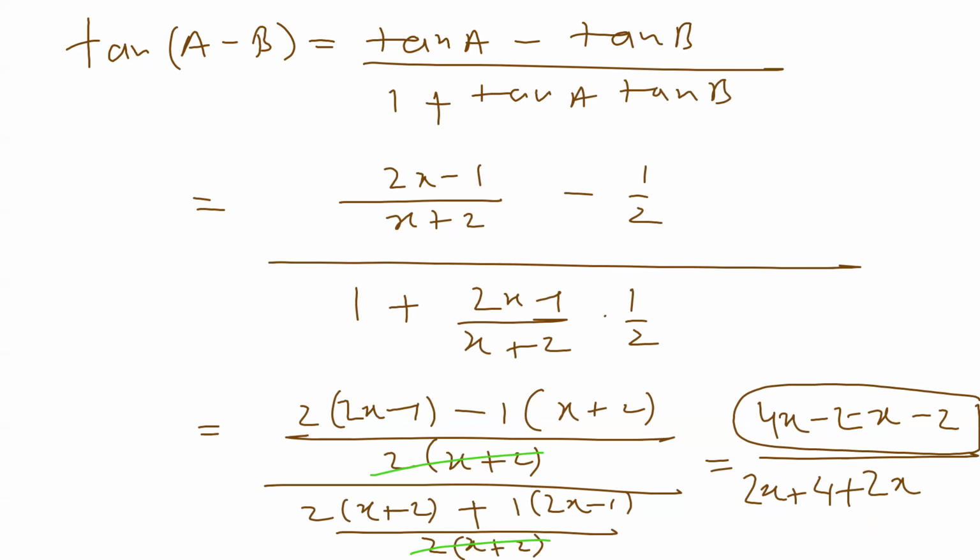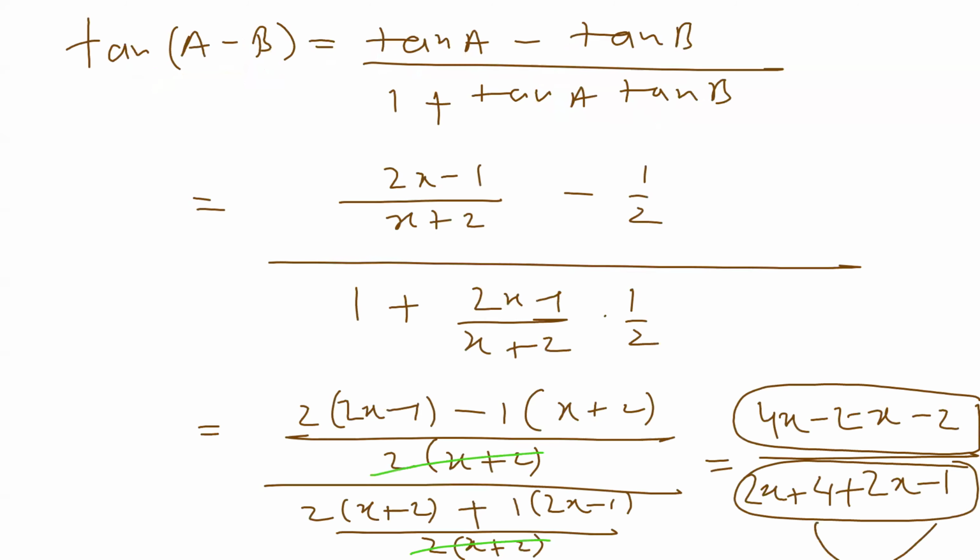So down it will be 4x plus 3, since 4 minus 1 is... plus 3. So tan(A minus B) is 3x minus 4 upon 4x plus 3. So we got the value of tan(A minus B) in terms of x as required.